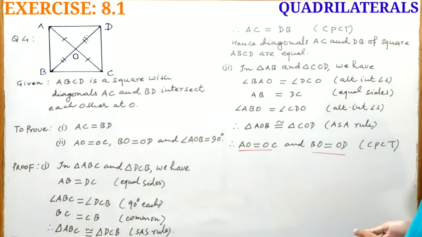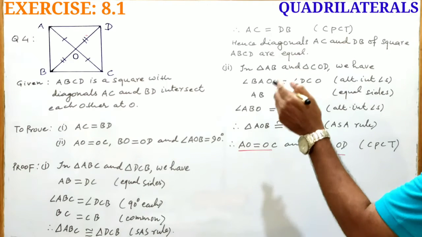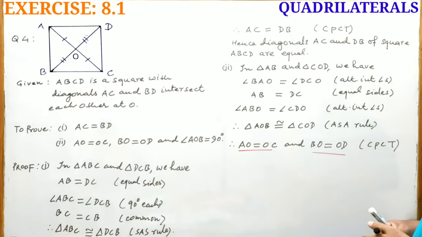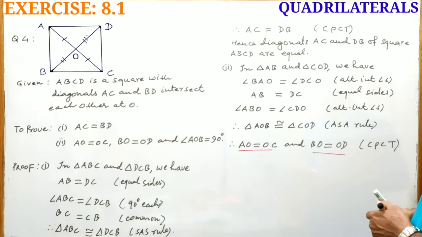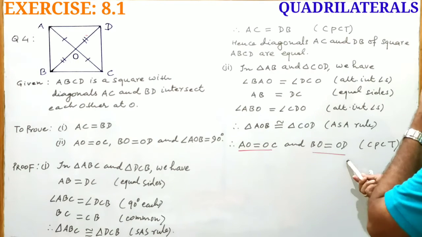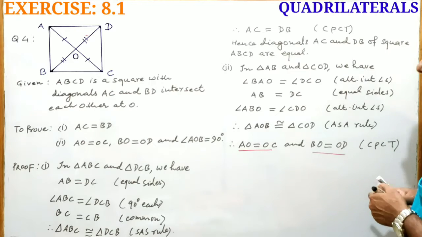So this AO equal to OC and BO equal to OD proves that diagonals AC and BD of square ABCD bisect each other at point O. Now we have to prove that these diagonals bisect each other at a right angle.